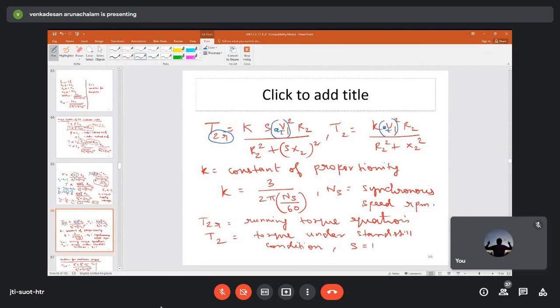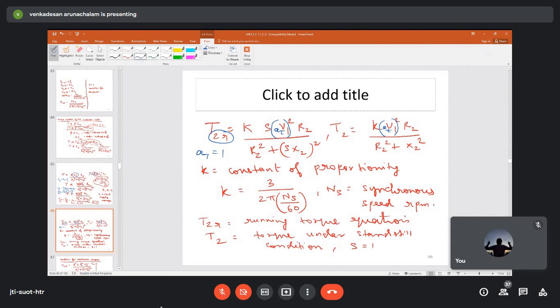And sometimes, mostly in the case of induction motor, the turns ratio will be equal to 1 only, right? Generally, your AT that will be equal to 1 only, okay? Because in the case of transformer only, we need stepping down or stepping up action. Am I right? Induction motor, no, we are not much interested to step up or step down the voltage.